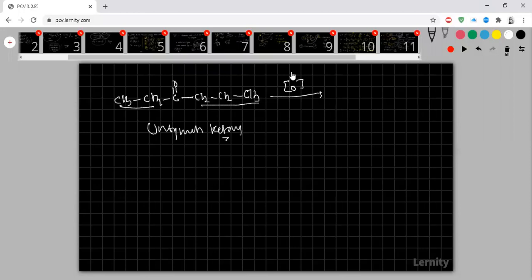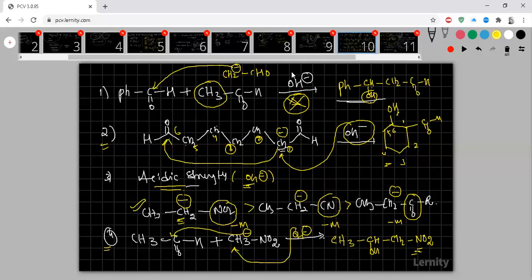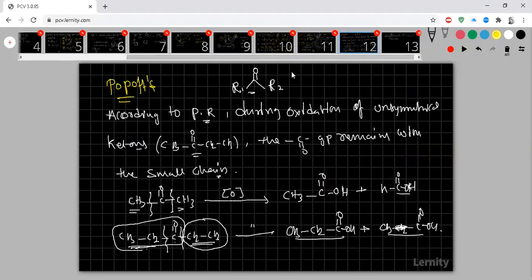In the case of unsymmetrical ketones, this C=O group remains with the smaller chain. So this is the smaller chain, and the C=O will be given to this smaller chain. In that case, we will get CH3, CH2, C=O. In the oxidation, we will get the what? Just now we have discussed, in the oxidation of the ketones, we will get the acids.